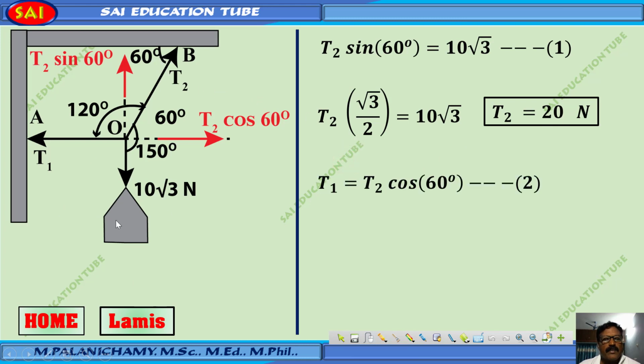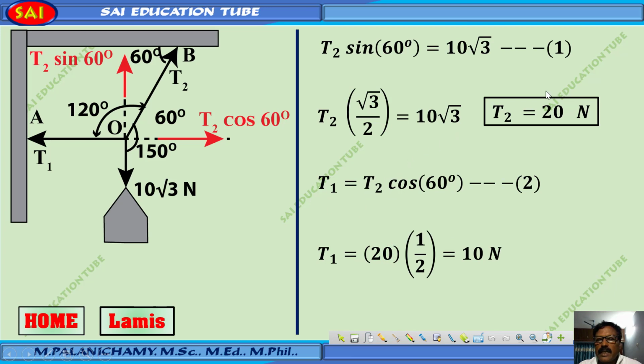Now, for the horizontal components, at equilibrium, T1 must be equal to T2 cos 60. Let it be equation 2. From this, T1 equals, what about T2?